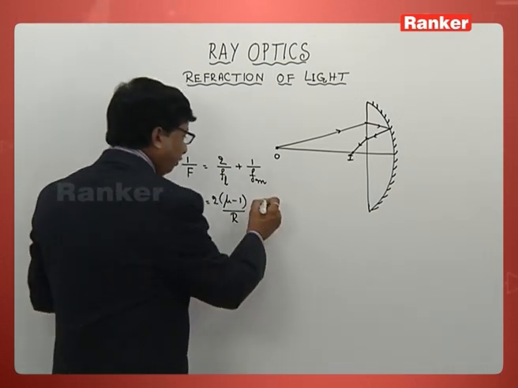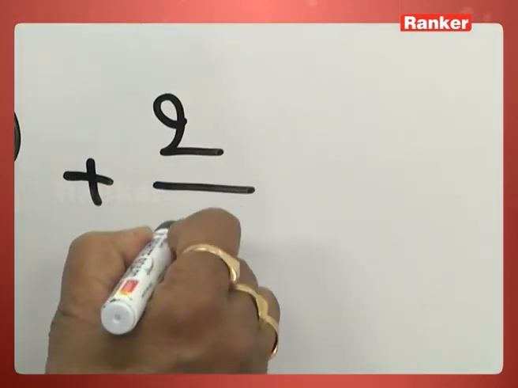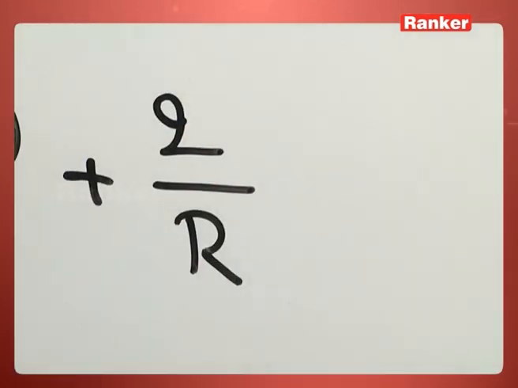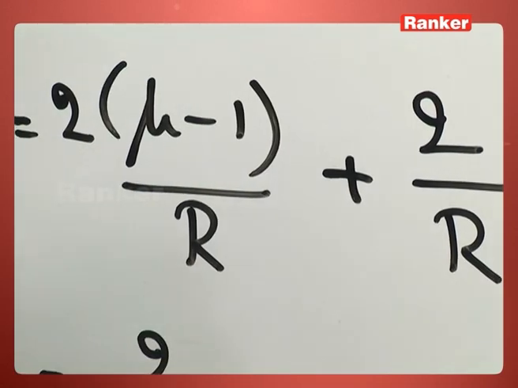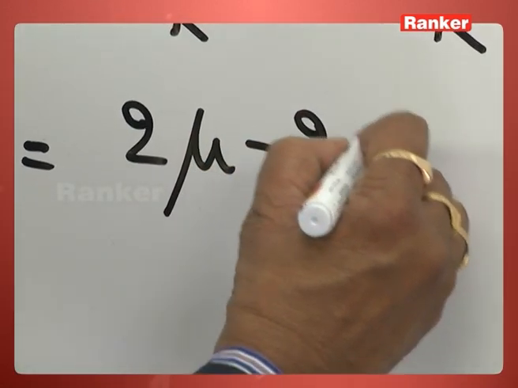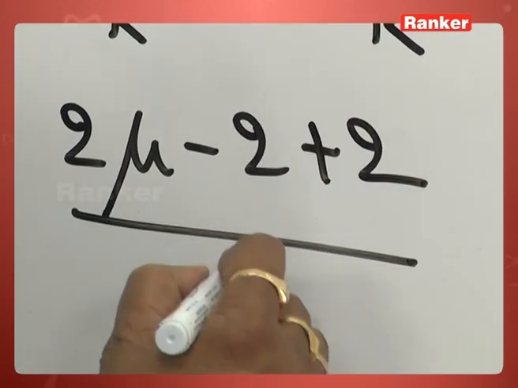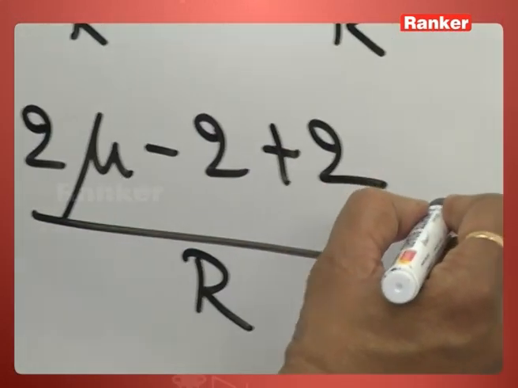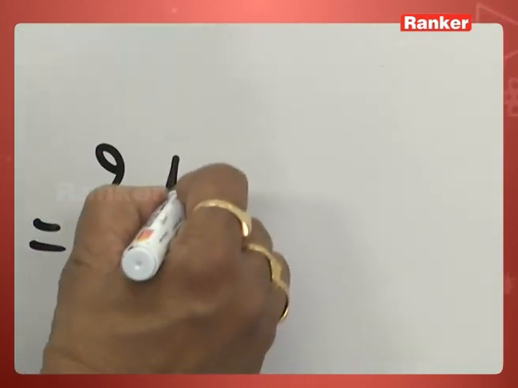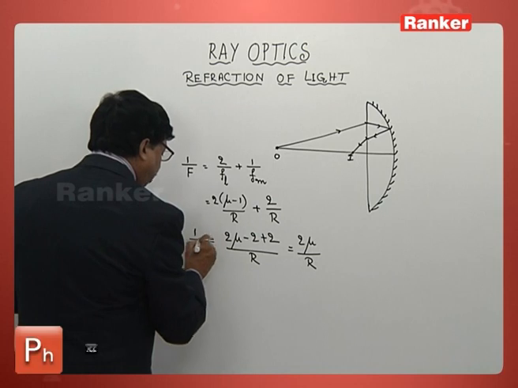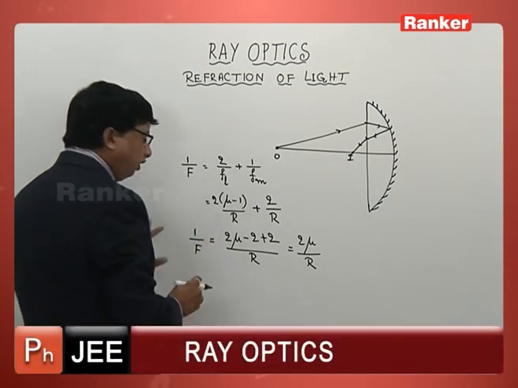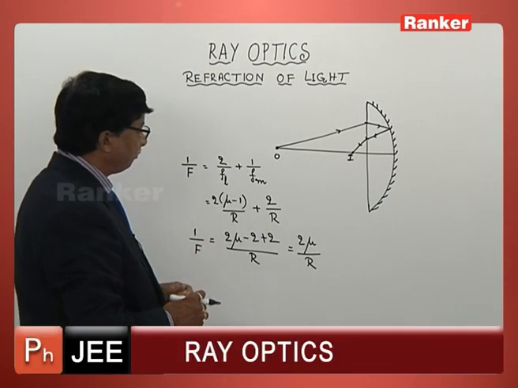So we can write this one as 2 by r. Now what is the ultimate formula? This becomes 2 mu minus 2 plus 2 by r. So simply speaking, twice the refractive index by the radius of curvature. That is the reciprocal of focal length.